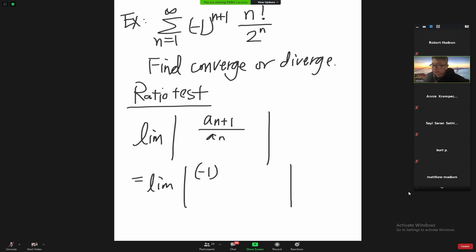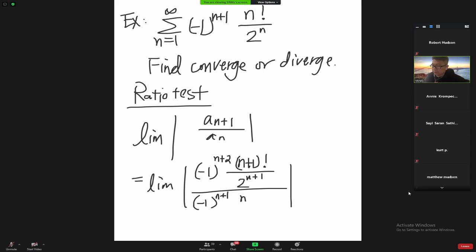So how do we do the ratio test? We need to find the ratio of a_(n+1) over a_n. For a_(n+1), that's going to be (-1)^(n+2) times (n+1) factorial over 2^(n+1), divided by (-1)^(n+1) times n factorial over 2^n, right?